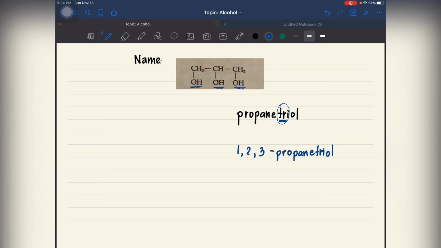or commonly known as the glycerol or glycerin. This is its common name, glycerol or glycerin. This is the IUPAC, and this is the common name.